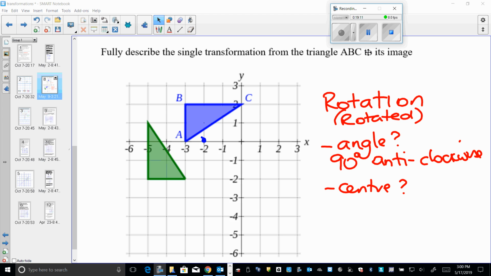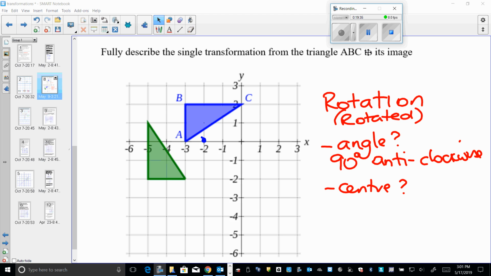Now, we generally have a rule. Do you know what the rule is? 1 mark of your test should take you maximum 1 minute. So if you've taken longer than a minute to guess where your centre is, you should leave it, move on, finish the test, and then come back to it.